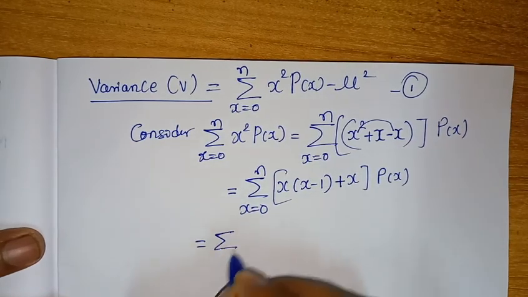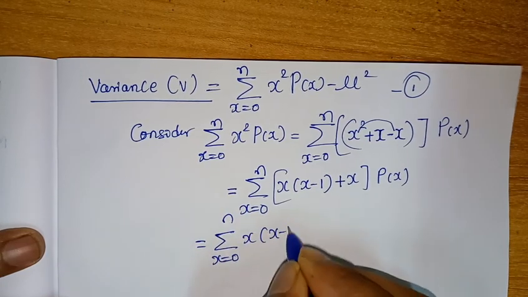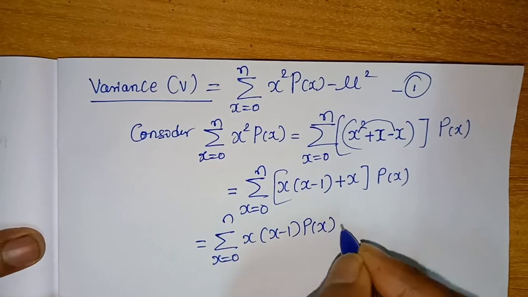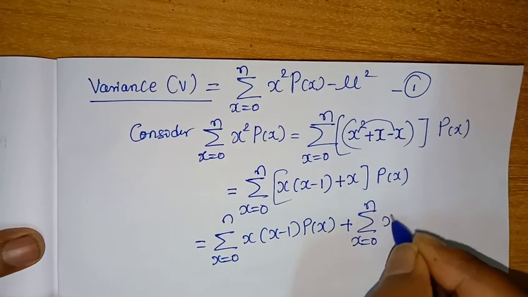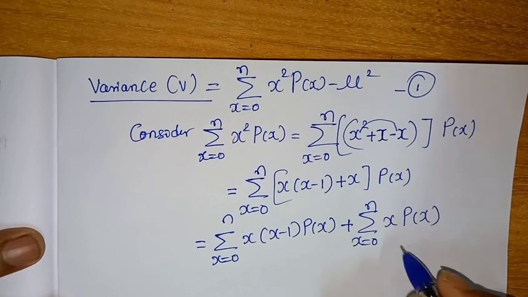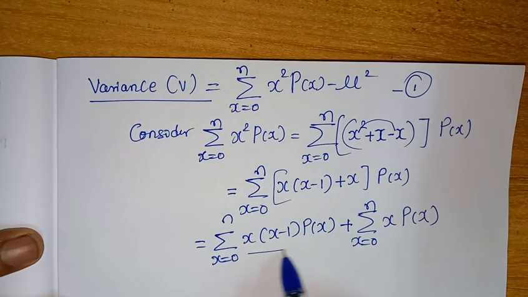So summation x equal to 0 to n of x into x minus 1 p of x plus summation x equal to 0 to n of x into p of x. Again you see here, this is the mean of the distribution. Mean we already got it. So again the problem is simplified.